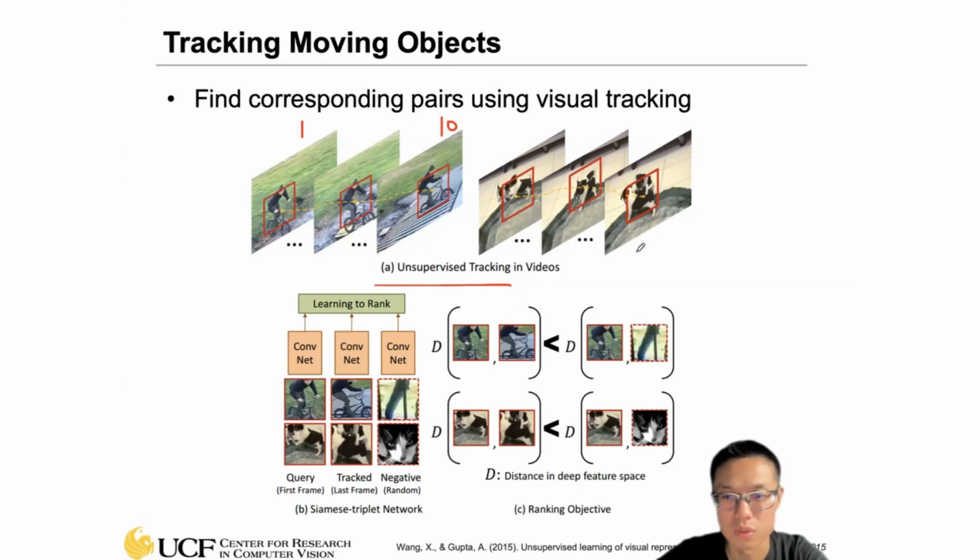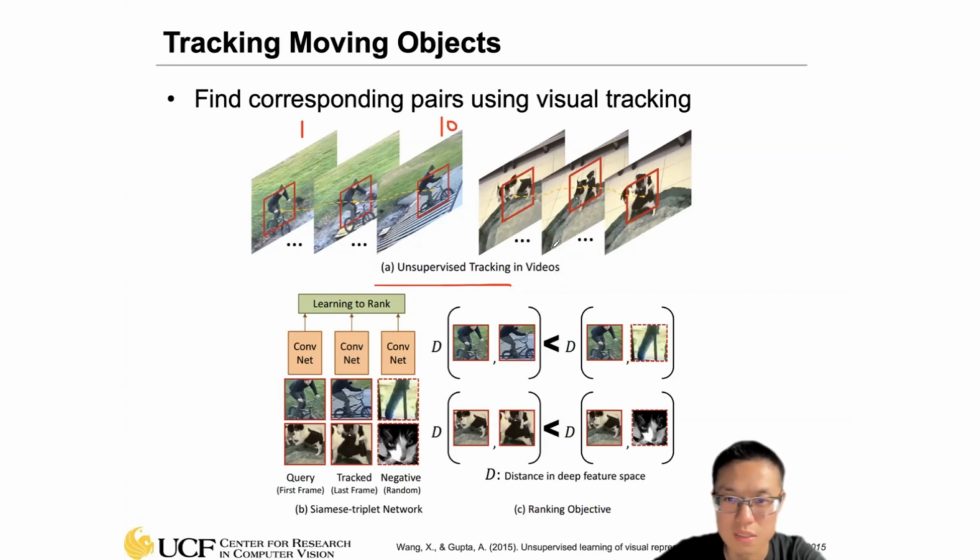But what if we select another patch or bounding box from a different video, which contains, I think, a dog? In the feature embedding space, they should be much farther apart, because they are from different videos.